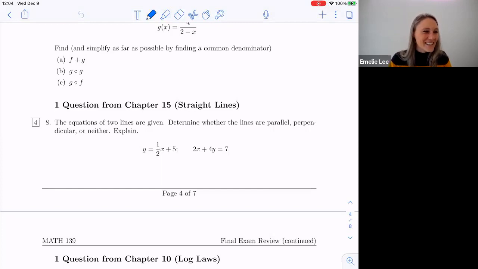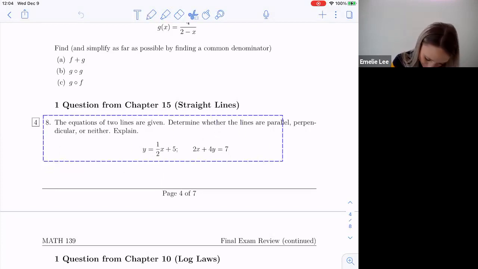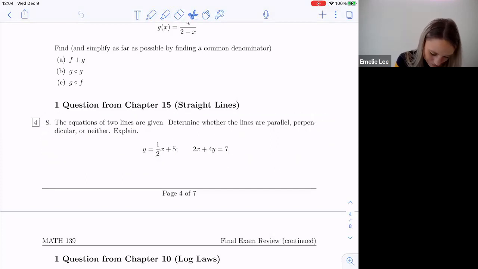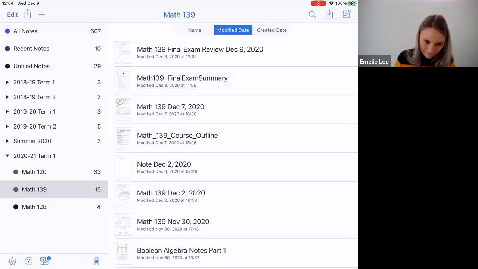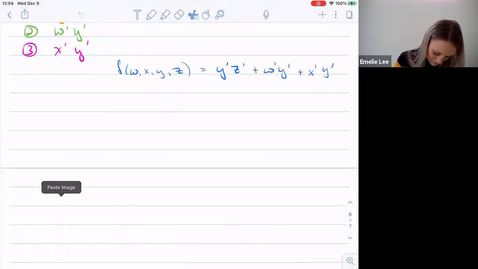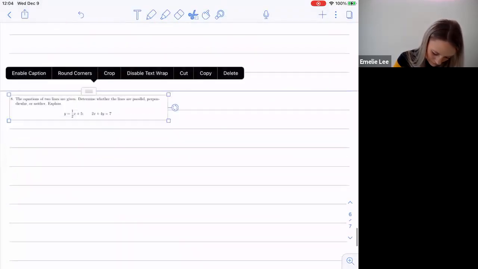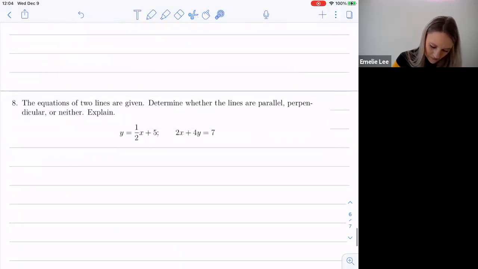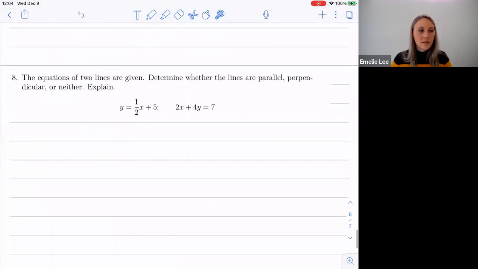All right, so let's see here. Okay, question 8. So we have two lines, right?